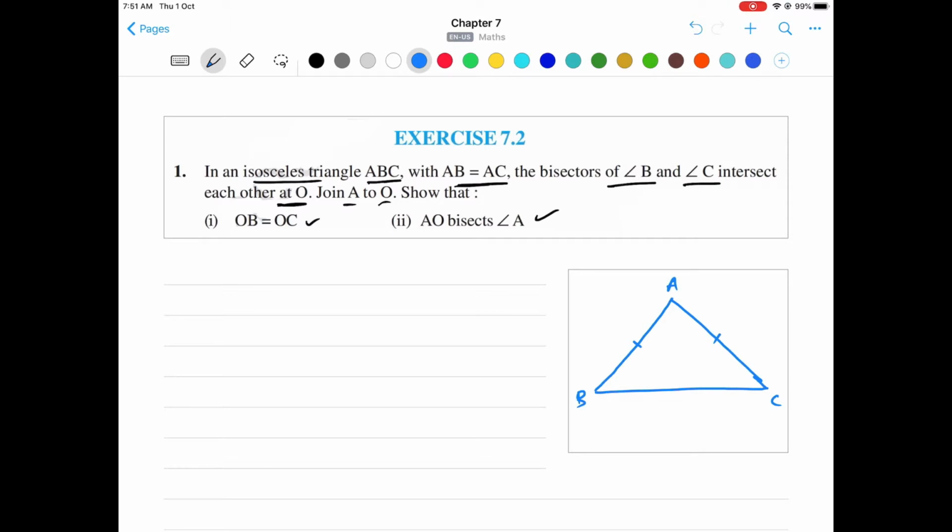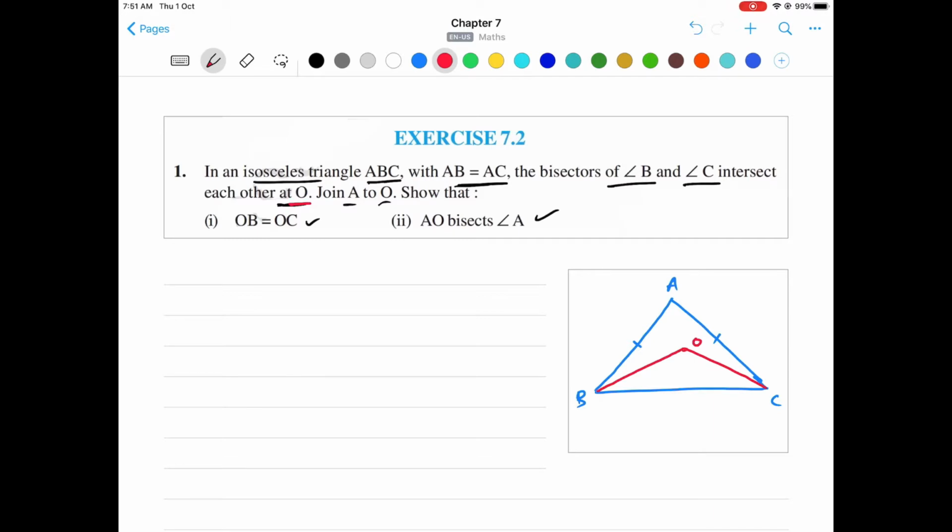Further, it's saying the bisectors of angle B and angle C. Let's draw the bisector of angle B and the bisector of angle C. They are meeting each other at a point. Let's name this point O. That's given in the question, that they are meeting each other at O.